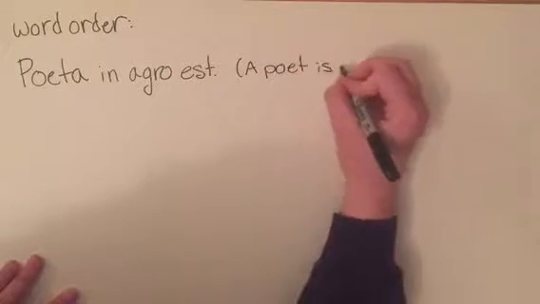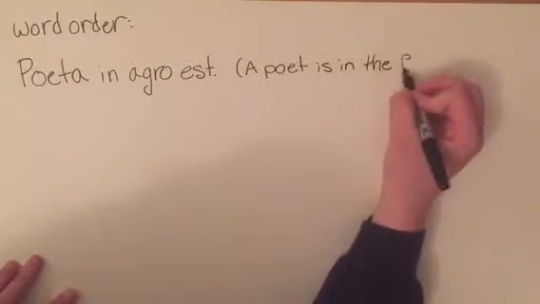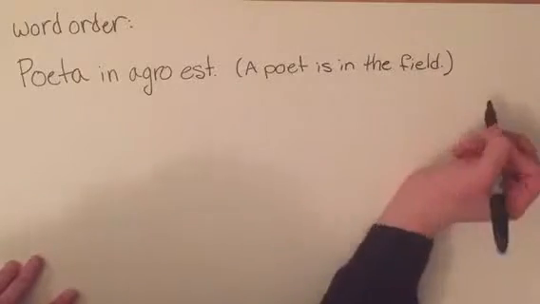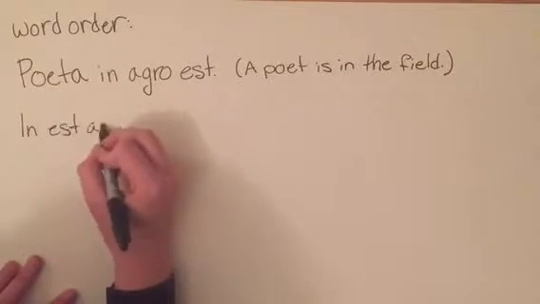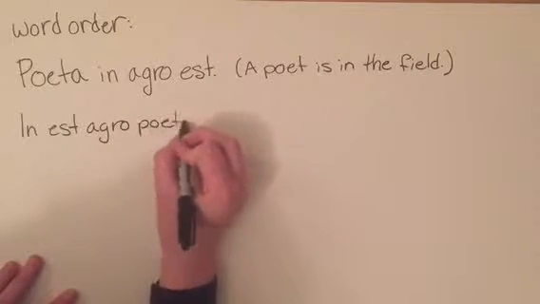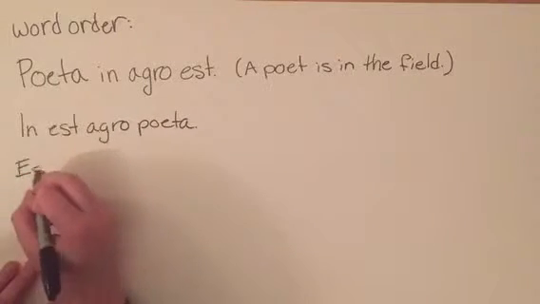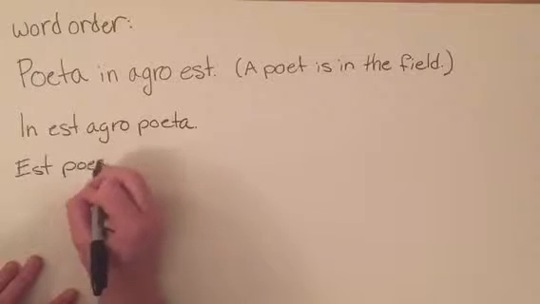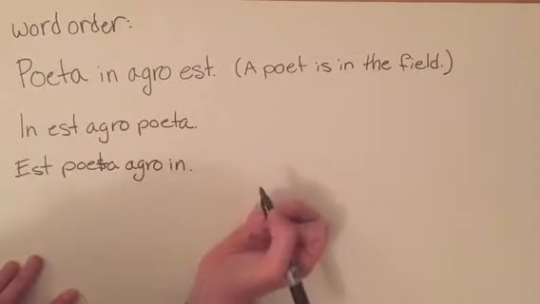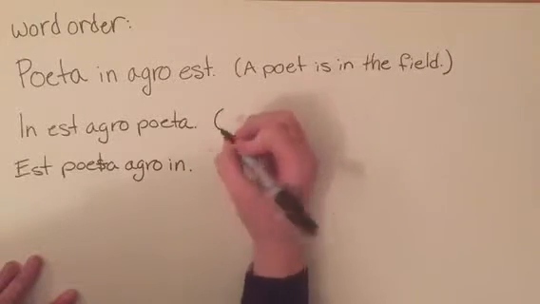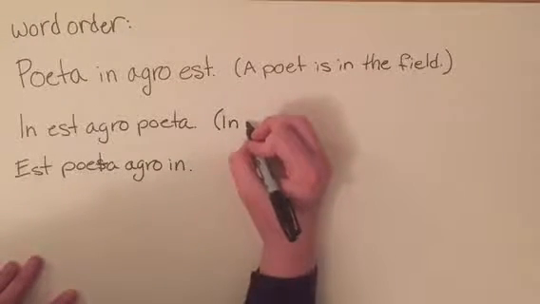So here's this example sentence: A poet is in the field. Poeta in agro est. Yeah, so when you translate from Latin to English, any of these Latin translations, no matter what word order it's in, do translate to a poet is in the field, which is really nice with Latin because it's kind of more flexible than a lot of languages.